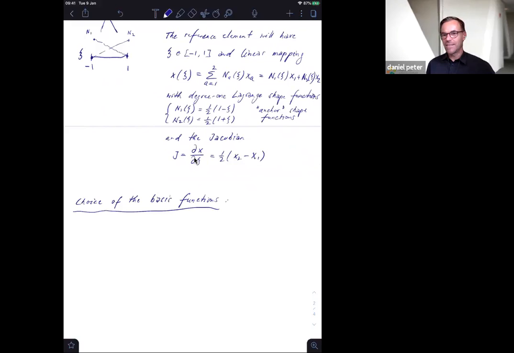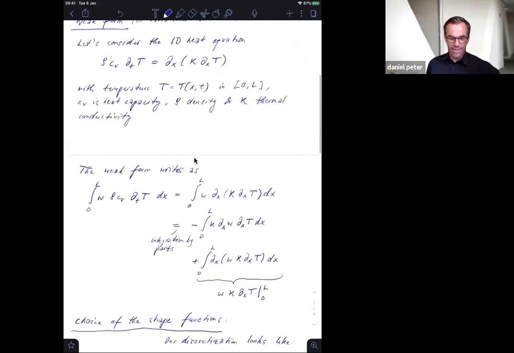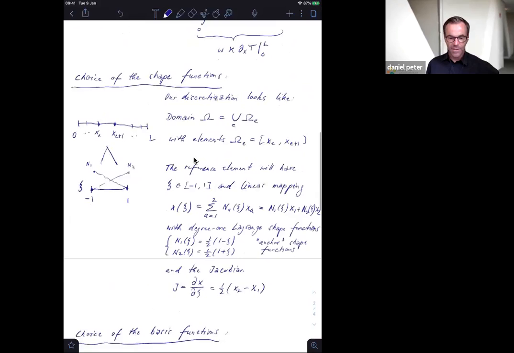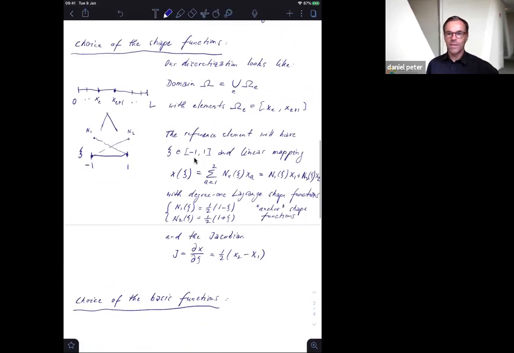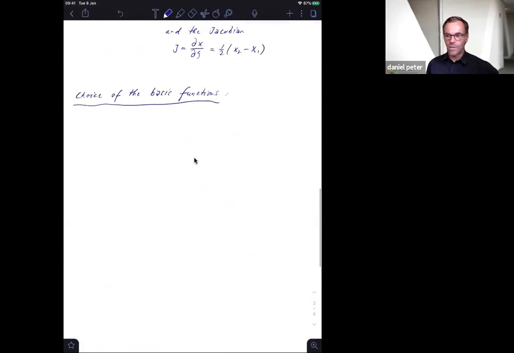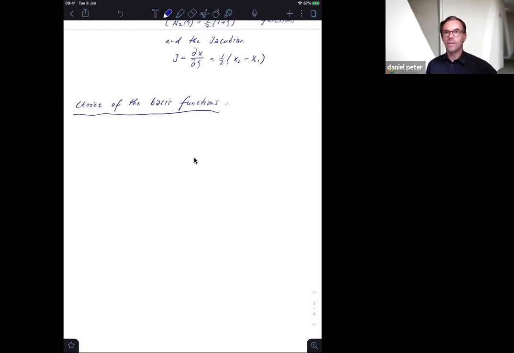So far, so clear? No surprise yet. Weak form, shape function with the linear mapping. Now the basis function, and we mentioned it at the beginning. Here we're going to use Lagrange polynomials, but higher order polynomials.